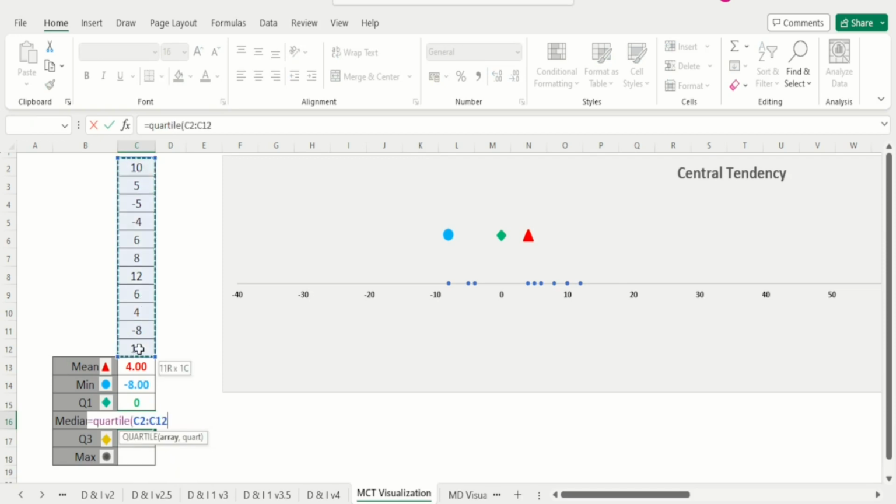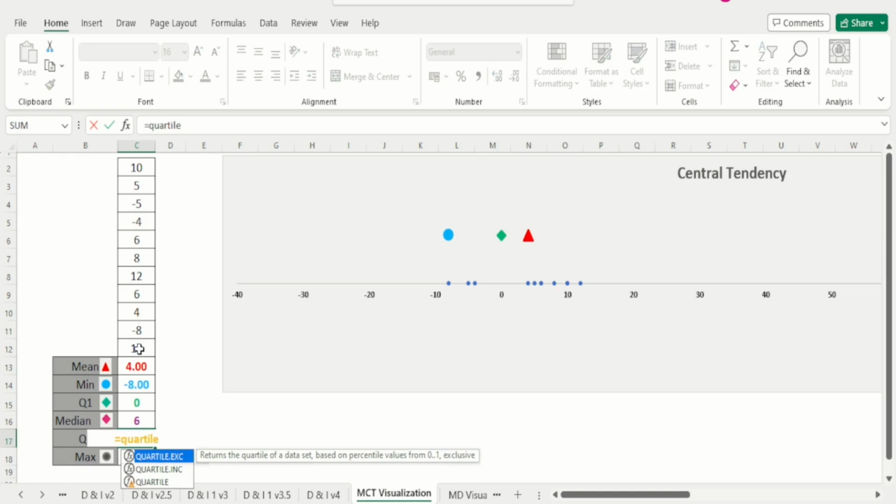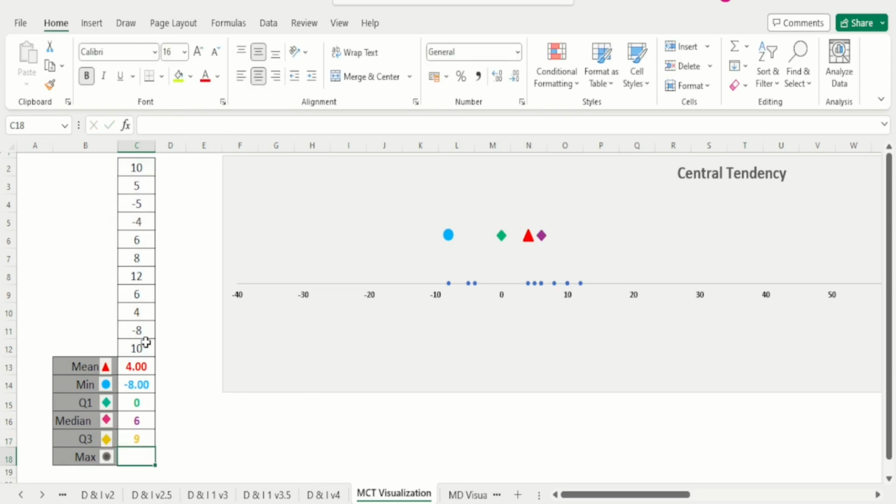Remember, median is also known as the second quartile, right? And then let's calculate Q3. Q3 is going to be nothing but this range, and right, this is going to be our next one, which is your quartile here.